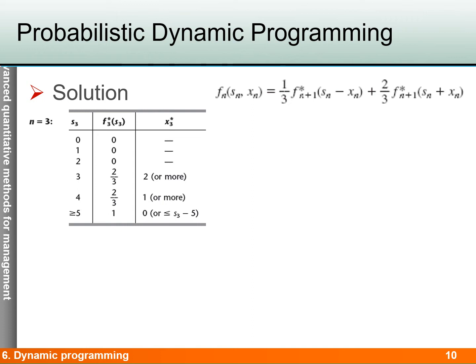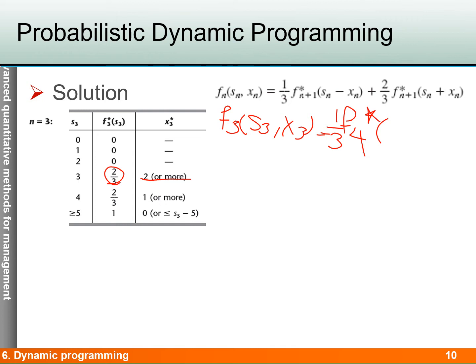But let's review what the formula is for this 2 divided by 3. So we learned that in this case, we are allowed to bet 2 or more. So let's find this 2 divided by 3. So it means that f3 of s3 and x3 equals 1 divided by 3 f4 star of s, where Sn here is 3 and Xn is 2 or more.